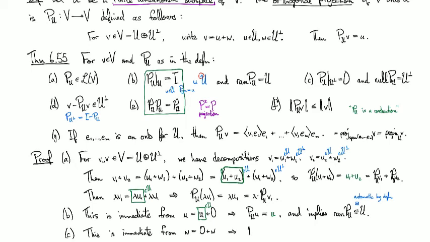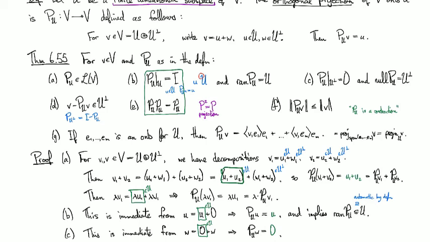And so when we apply the projection to W, we extract the part of the decomposition that's in U, and that gives us 0. So that just tells us that PU kills anything in U perp. And of course that also implies that since it kills anything in U perp, U perp is in the null space.